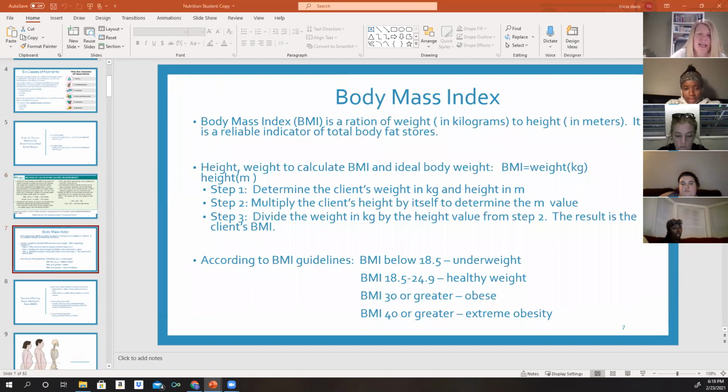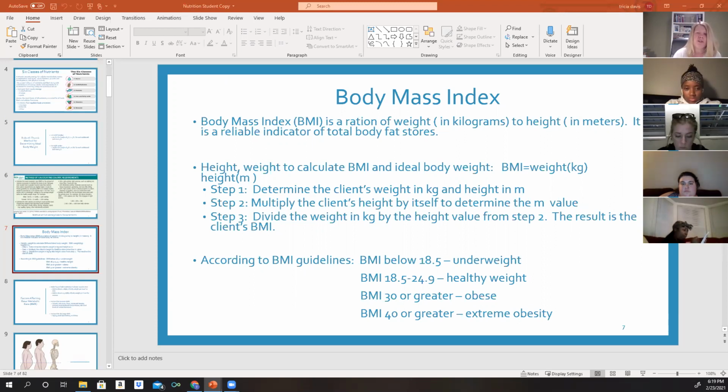Your body mass index, or your BMI, I'm sure you guys have heard of a BMI, is just a ratio of your weight in kilograms to your height. It is considered to be a reliable indicator of total body fat that you're storing.